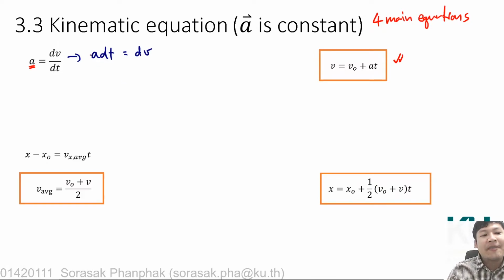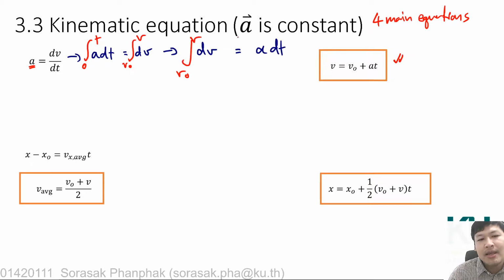Now, rather than doing differentiation, if you would like to get the term of v, you use the integral and take the limits of the integral from the initial point to the final point, and for time from 0 to the time point t. You rearrange this to dv equals a dt, with the integral of v from v0 to v, and t from t0 to t.